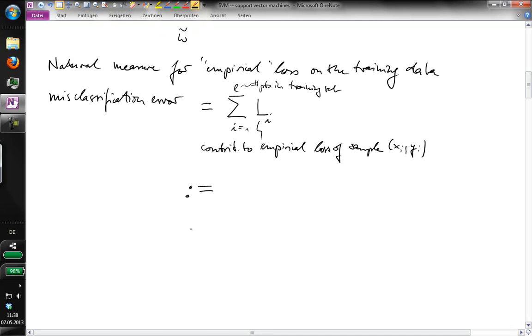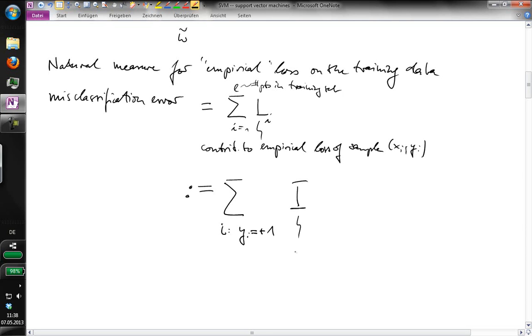So for example, all points i which in fact belong to the positive class, and for which my decision boundary is predicting the negative class. Mathematically, I can express this as an indicator function.